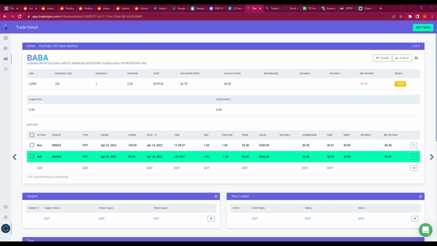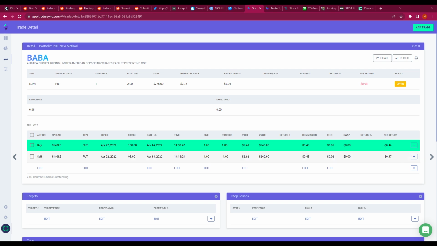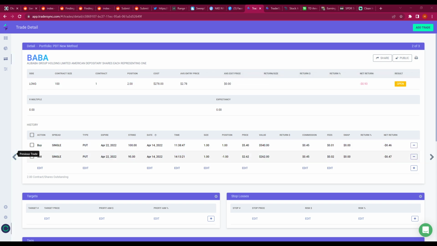If on Monday we open higher, which I believe we will, then I will buy back that 95 and I'll probably just close the entire trade. Our losses will be mitigated there, even though right now we're actually up around $90 on it. So, okay. If BABA wasn't there, we'd have those two trades. That is what we're doing going forward.